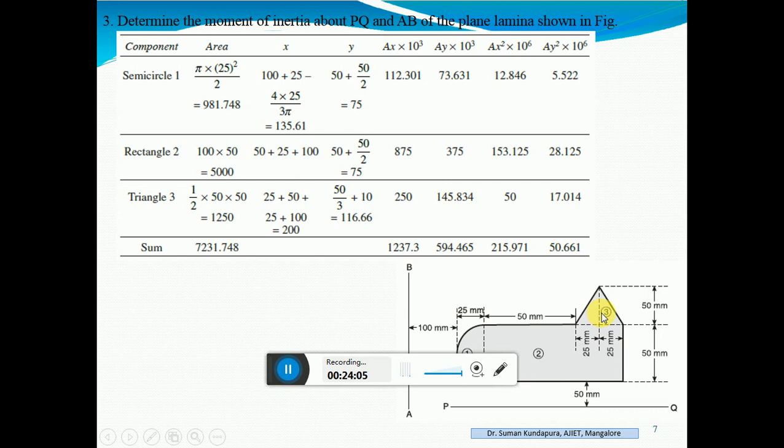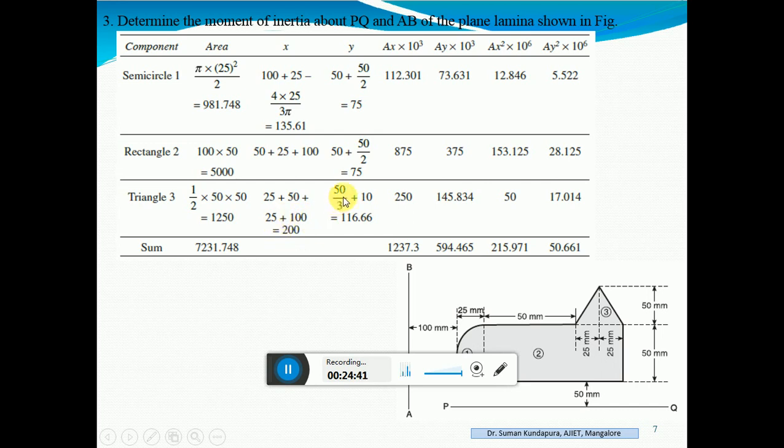It is the centroid of this triangle. It will be this point. CG will lie here. So what is the distance? 25. Correct? So it is 100 plus 25 plus 50 plus 25, which will come up to 200.